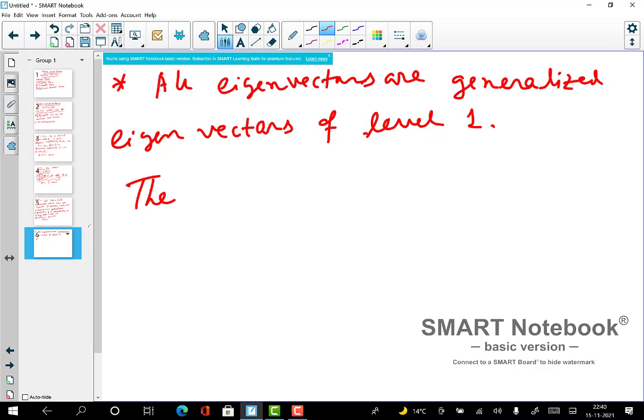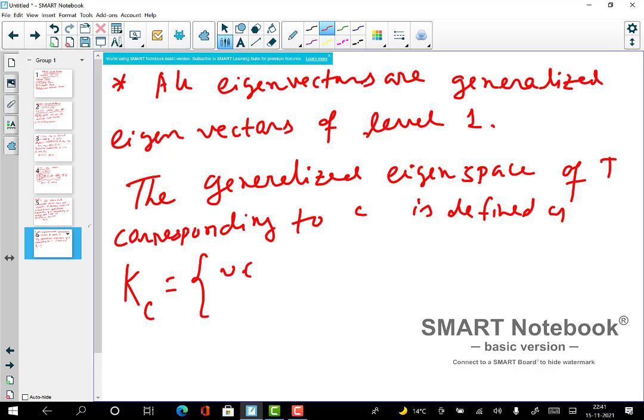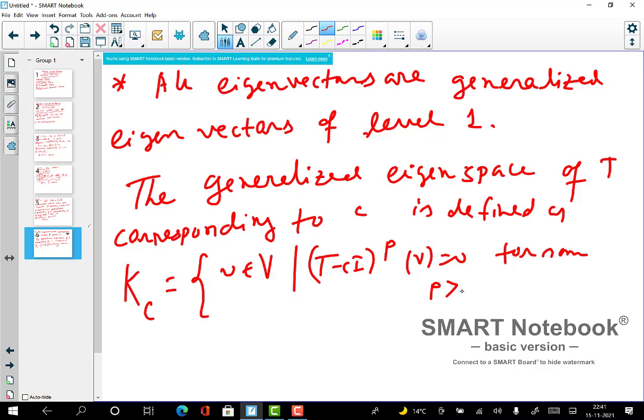The generalized eigenspace of the operator T corresponding to eigenvalue C is defined as, we use the symbol K_C, the collection of all vectors v such that (T minus CI)^p of v equals 0 for some positive integer p, p greater than or equal to 1.